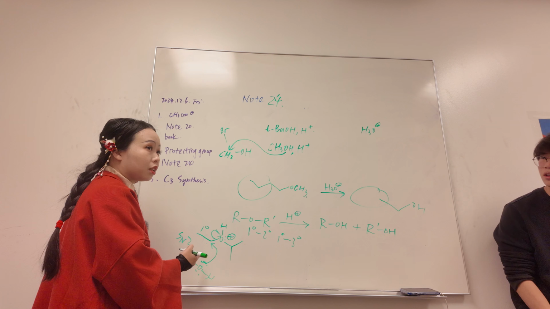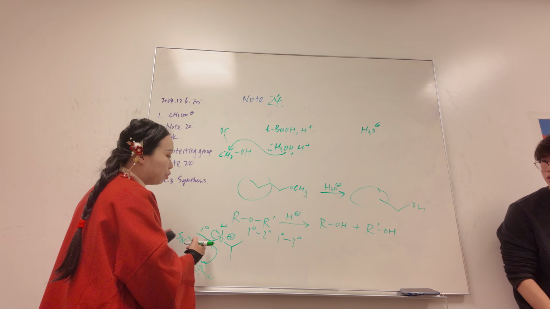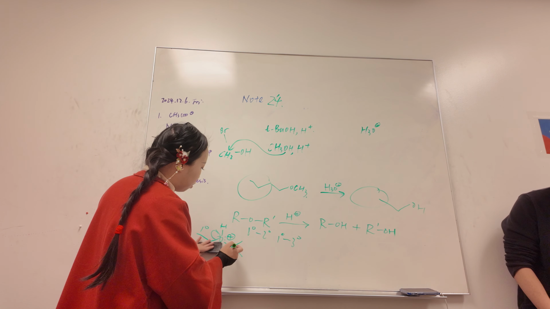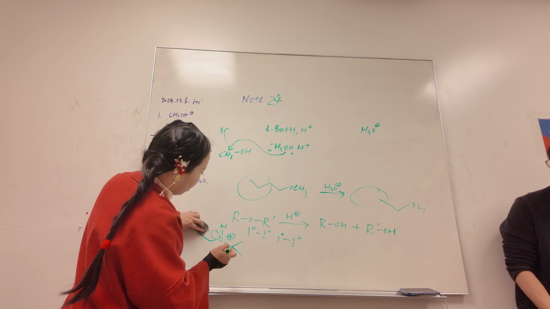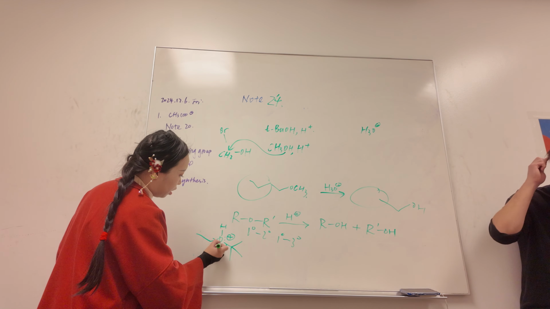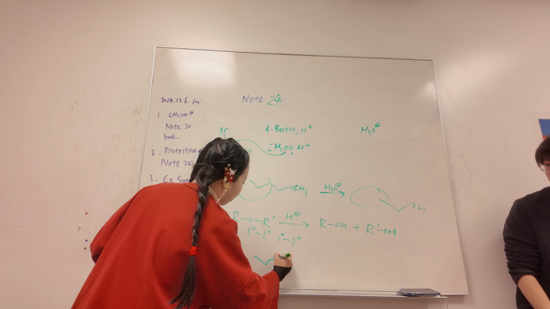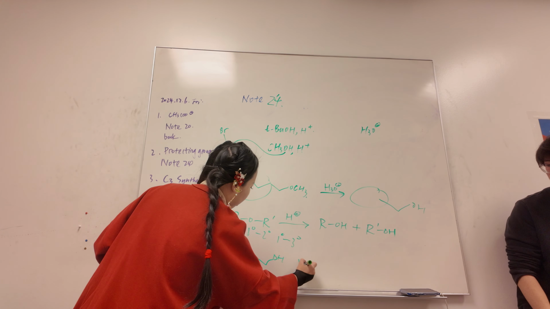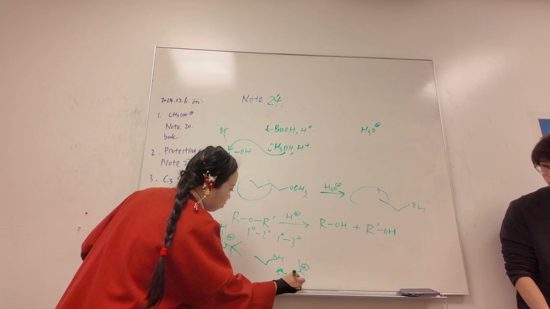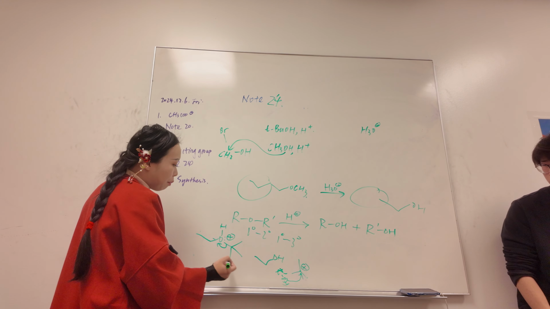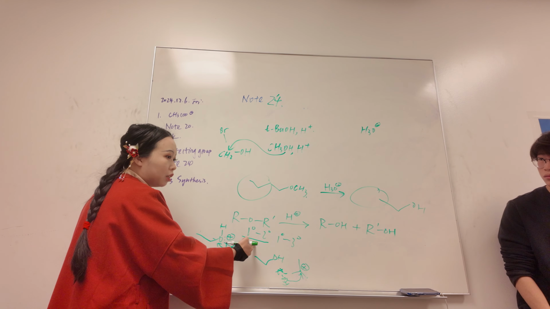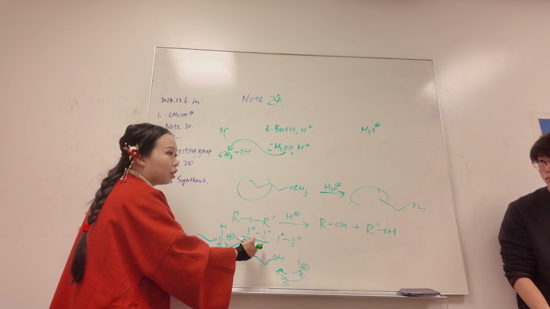And if this side is tertiary, it's going to be SN1, because if it's tertiary, this leaves and forms OH and tertiary, and then another R prime OH will add on this. I went over the primary mechanism in my notes. You can ask somebody else and they will tell you which mechanism it is.